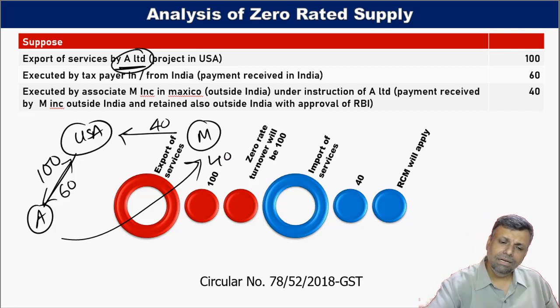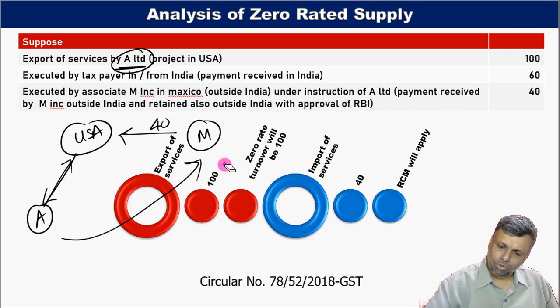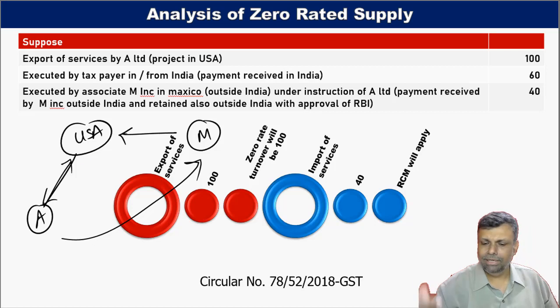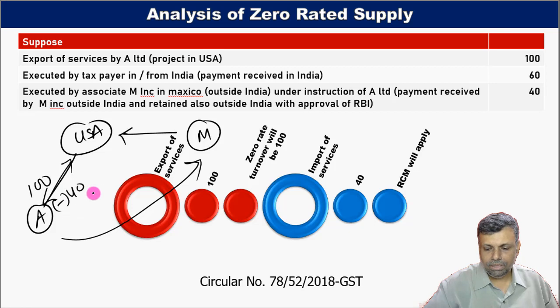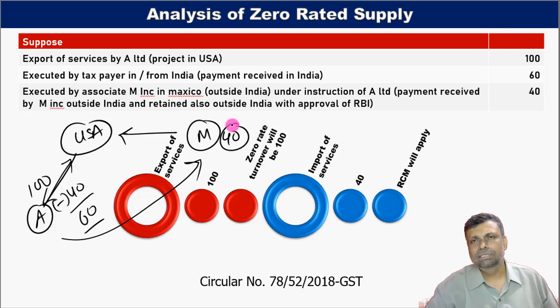So that kind of international subcontracting situation comes into the picture. Now, one of the simplest ways of understanding this transaction is that my customer pays me 100. Then I have to pay 40, so I retain 60, and this 40 I pay to M INC, which is in some foreign country. This is how the transaction is done.